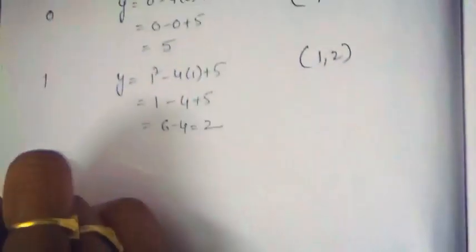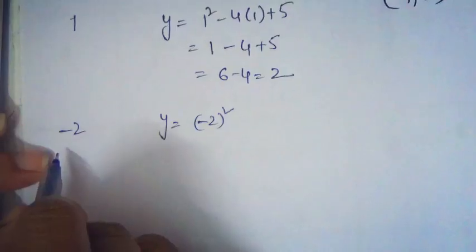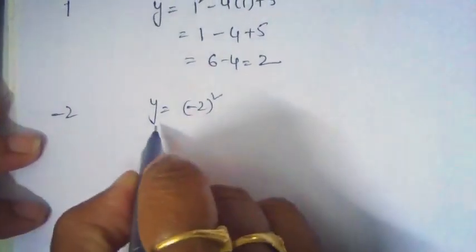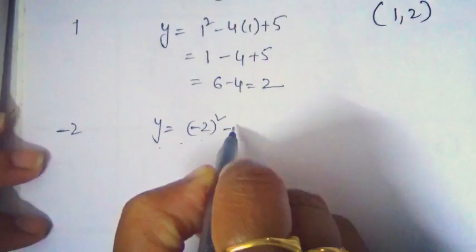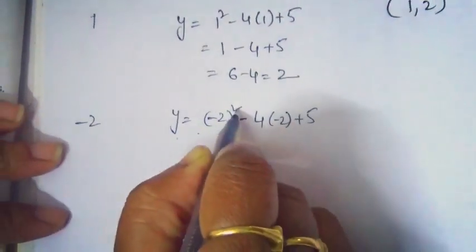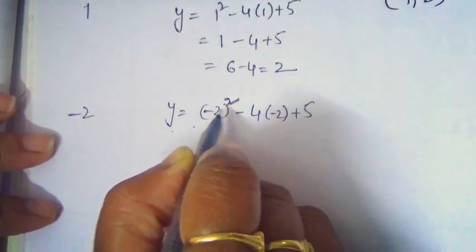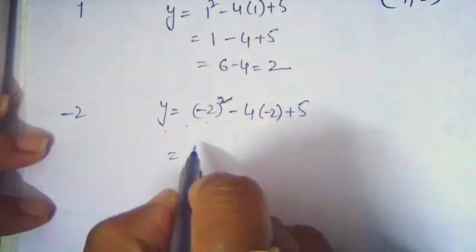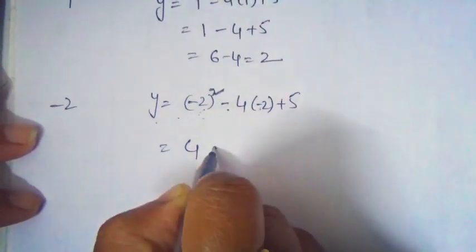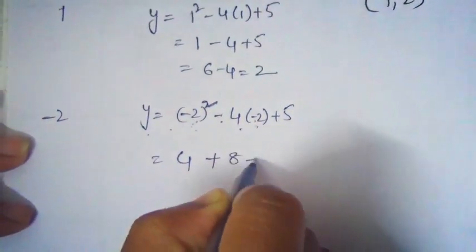Negative numbers also, I want to take one more, that is minus 2. y equals minus 2 whole square minus 4 of minus 2 plus 5. Here there is an even power, hence it becomes positive. That is 2 square means 4, minus of minus 4 twos are 8, plus 5.